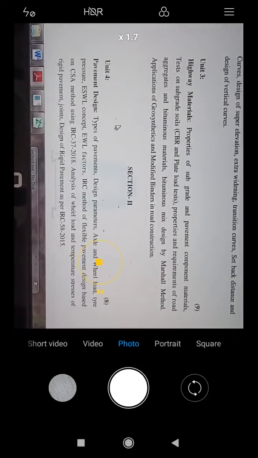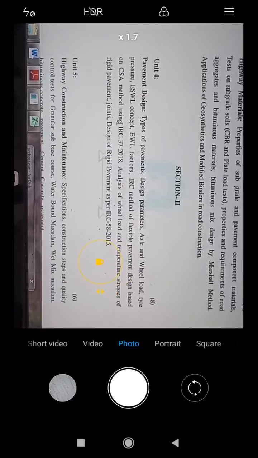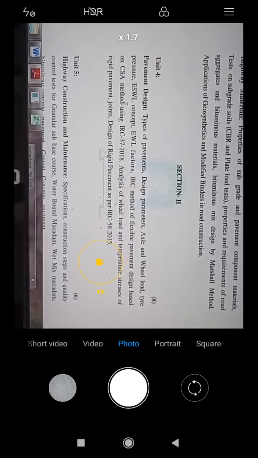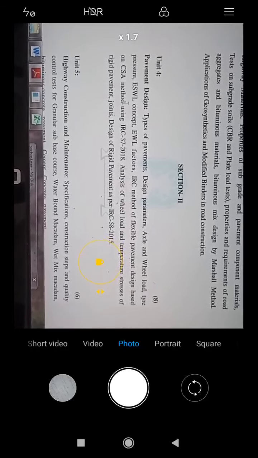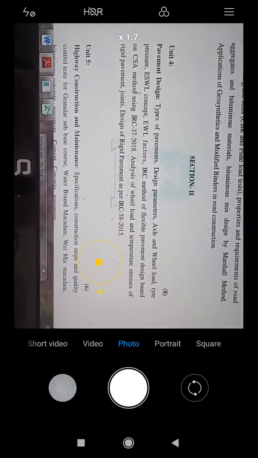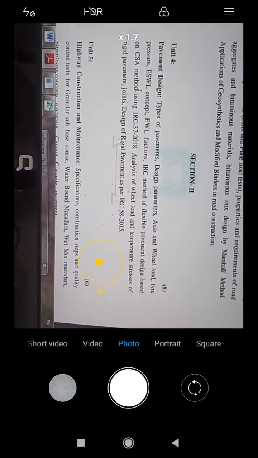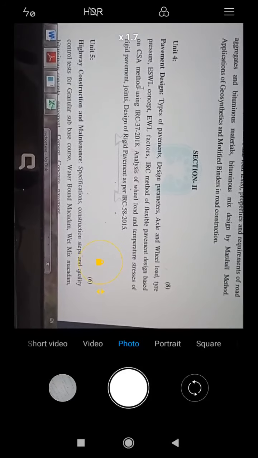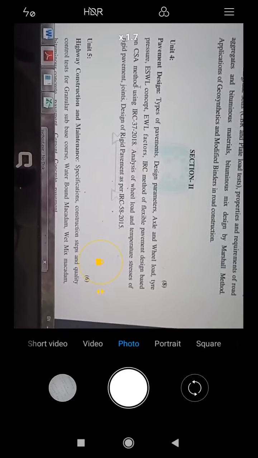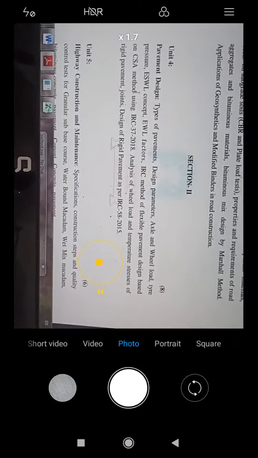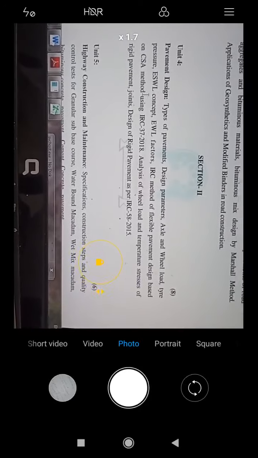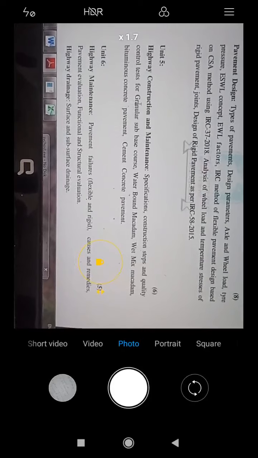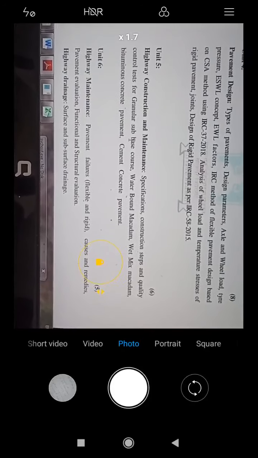Then the second section has the next units, that is unit number fourth, pavement design. This is one of the most important units, for the design of pavement as per the IRC. Then unit number 5 is highway construction and maintenance, the different types of roads.